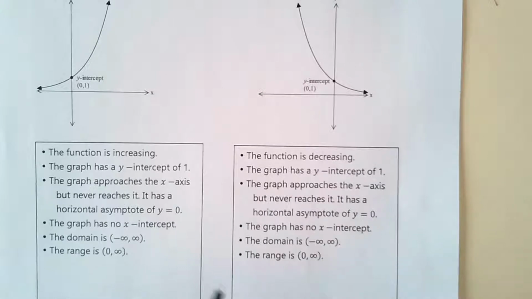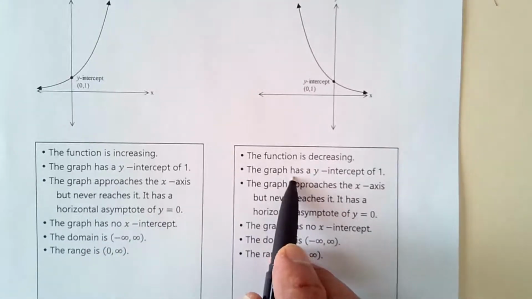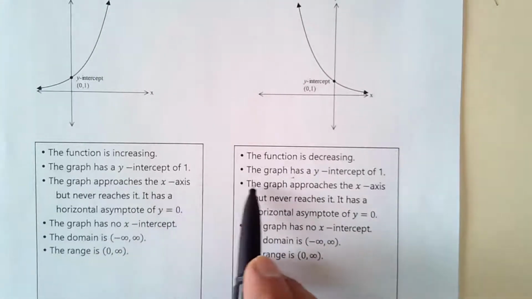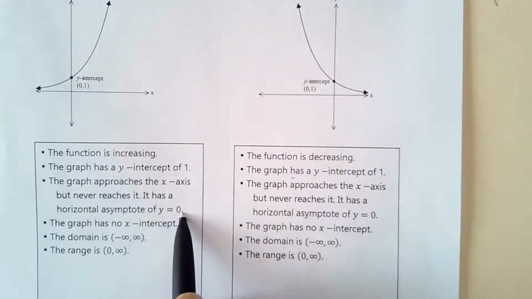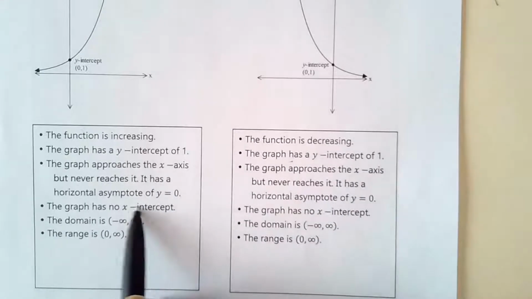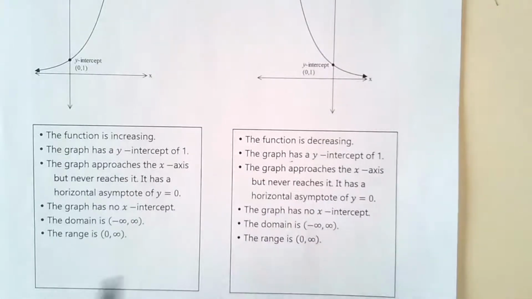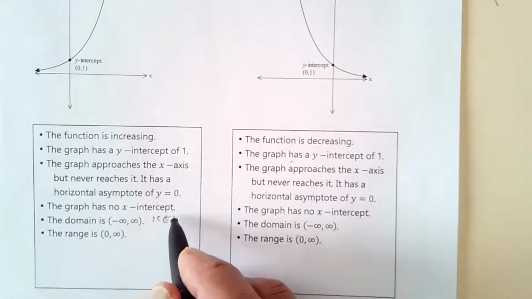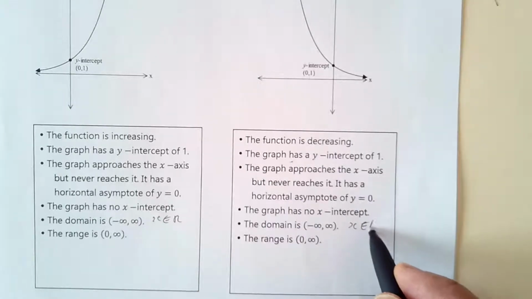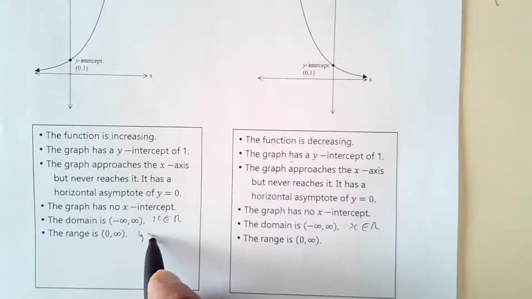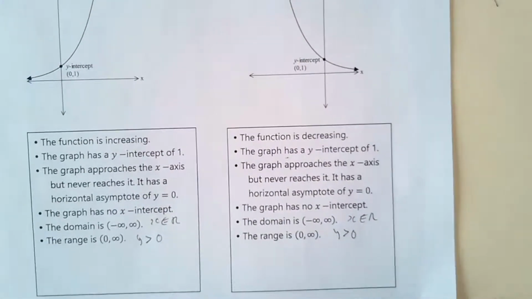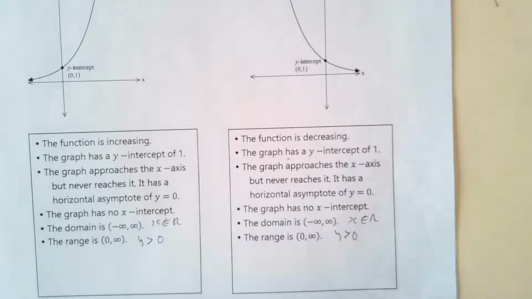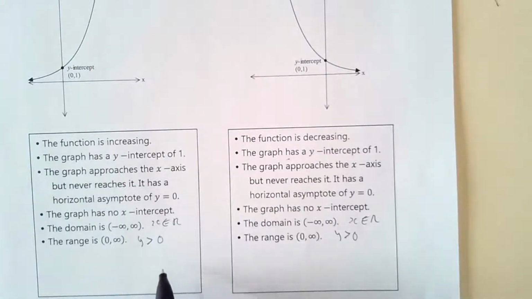The other characteristics: both have y-intercept 1. The horizontal asymptote is the same. They have no x-intercept. The domain, x is set of real numbers. And the range, y is greater than 0. And the final one we add, for both of these, they have a constant ratio.